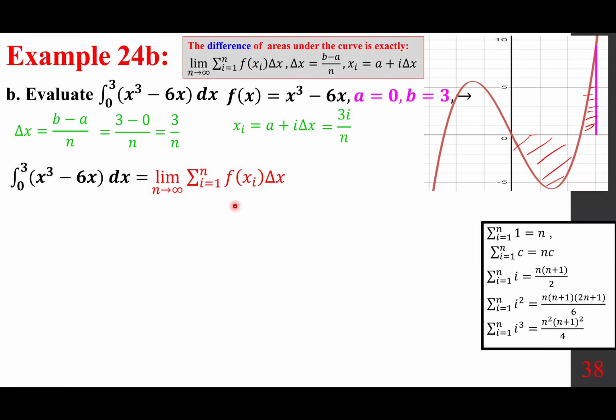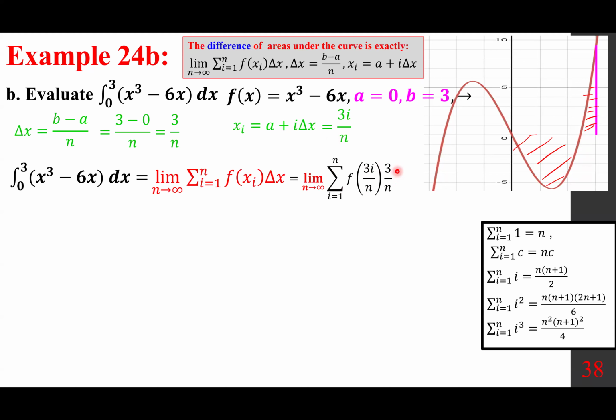So what is f of x sub i? This is f of x. F of x sub i would be 3i over n cubed minus 6 times 3i over n. So we want f of 3i over n times 3 over n. This is the delta x.